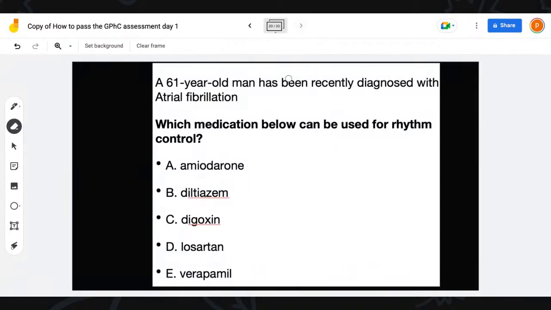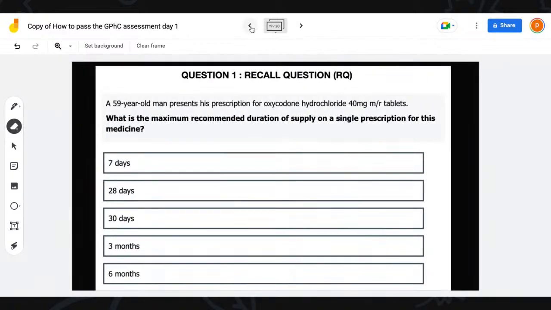And then we gave an example. You guys did these questions within seconds, and you will get a number of questions in your exam that will be this short. These are recall questions, this easy, this direct. We even spoke about distractors. If you did this question yesterday, a distractor in this question, which the GPhC does, is 28 days.